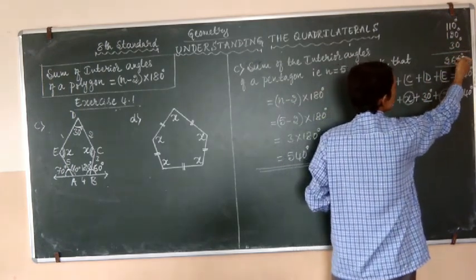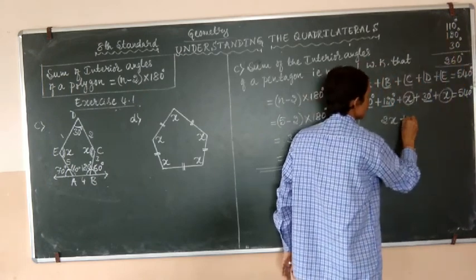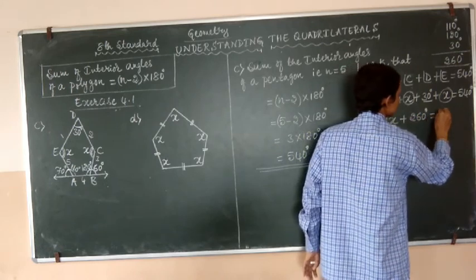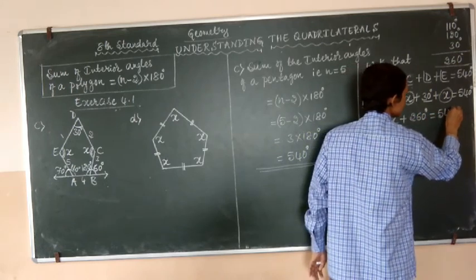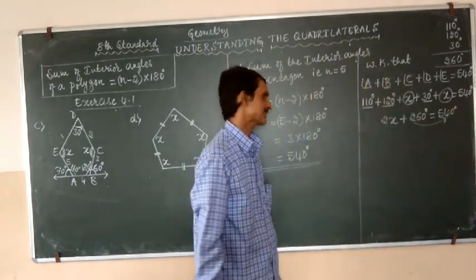So 2x plus 260 degrees equals 540 degrees. Now transfer this 260 degrees to the right side.